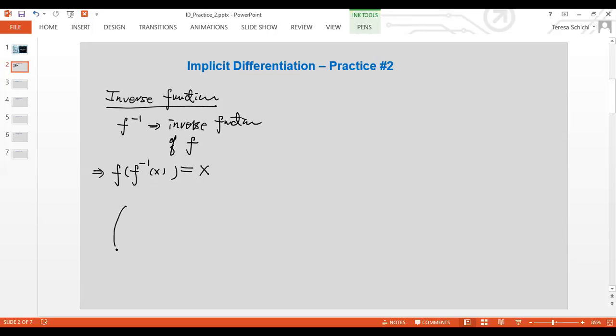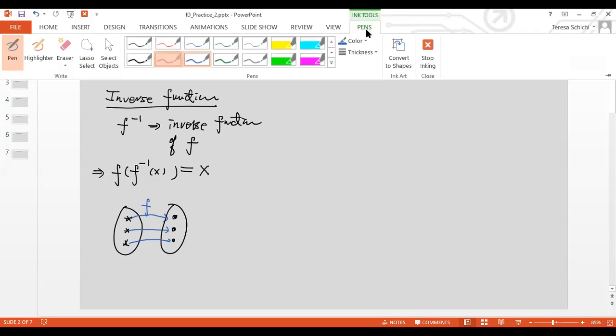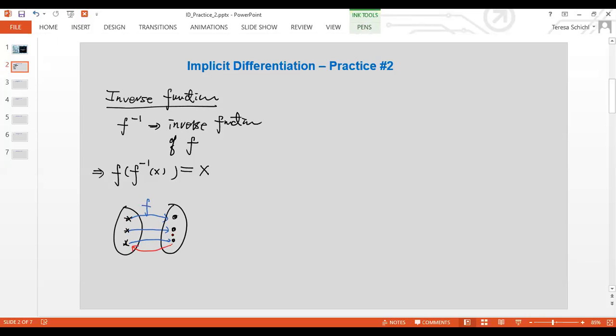If you use the domain and range concept, if you have some numbers here, let's put circles here. If you go this way, this is what we call the f relation. And if you go backward, this way, this is what we call the f inverse relation.